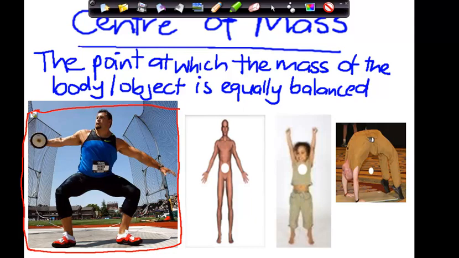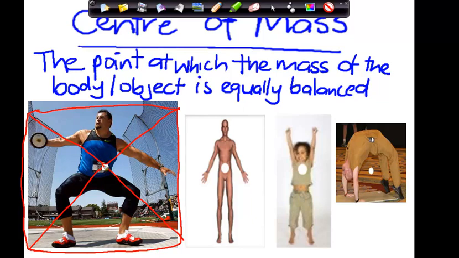And then I need to draw diagonal lines across the box. Here, I draw a line all the way across to the other side, and then I'm going to draw a line here to the other side. Basically, where those two lines intersect is known as our centre of mass.